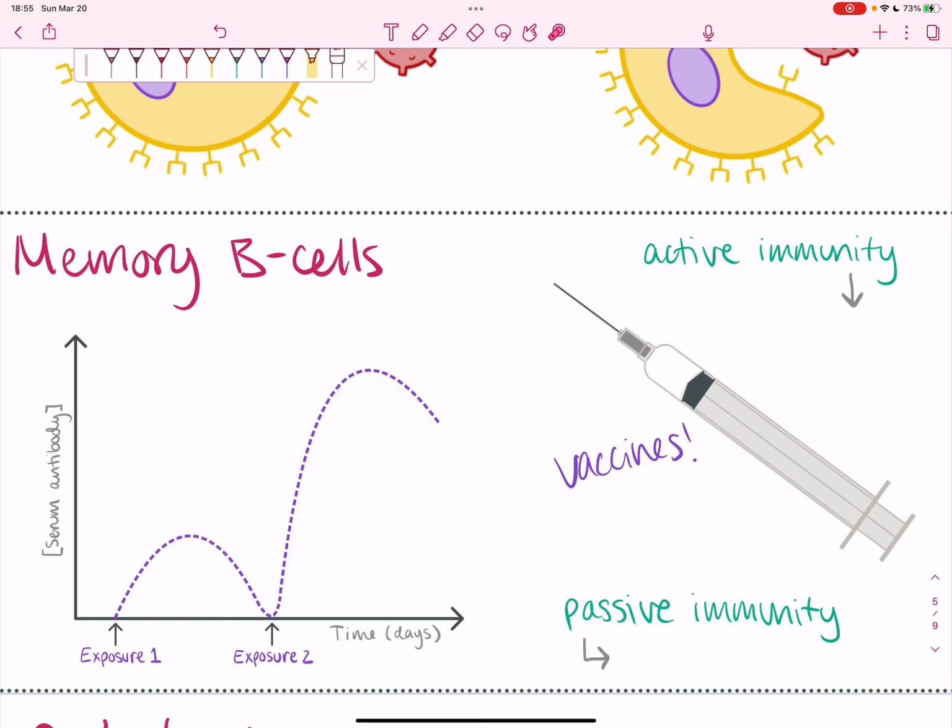So that is active immunity, actually, which is immunization. Vaccines are active immunity. I should have written that up there.